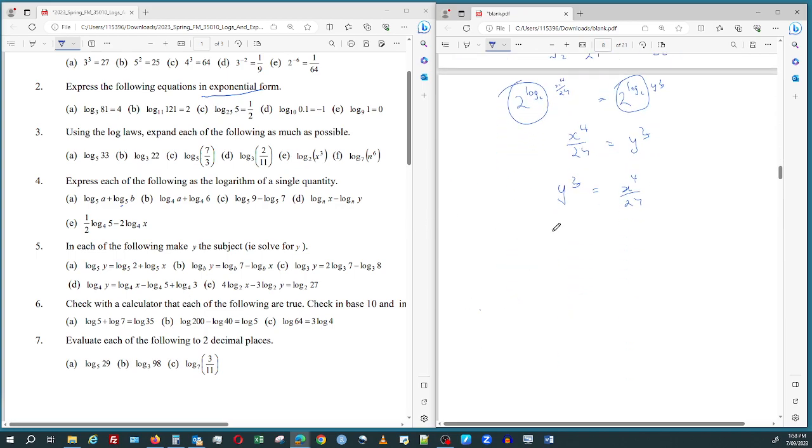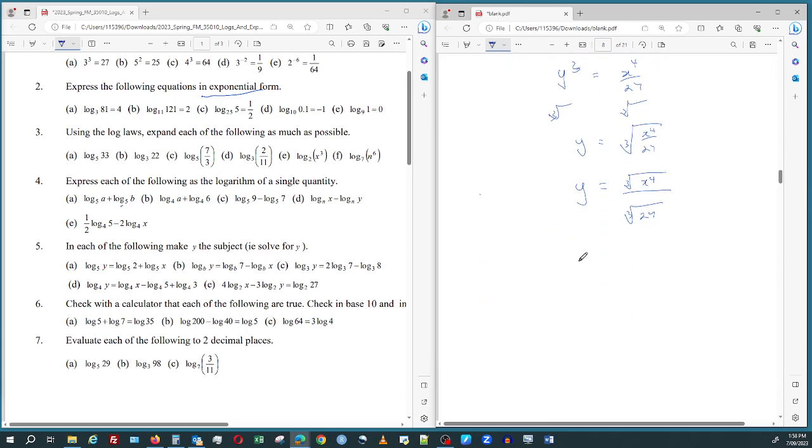So to undo, we're going to take the cube root of both sides. So we'll get y equals the cube root of x to the 4 over 27. We'll split this in 2. We'll get the cube root of x to the 4 divided by the cube root of 27. Now 3 3s are 9 and 3 9s are 27, so the cube root of 27 will be 3.